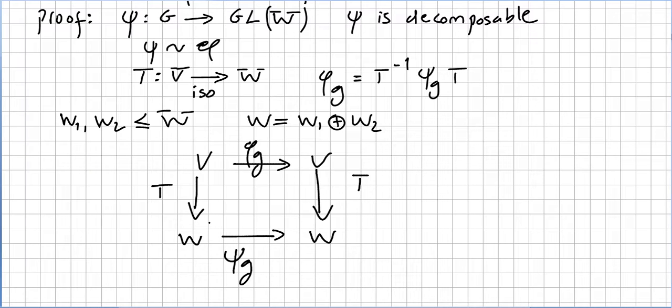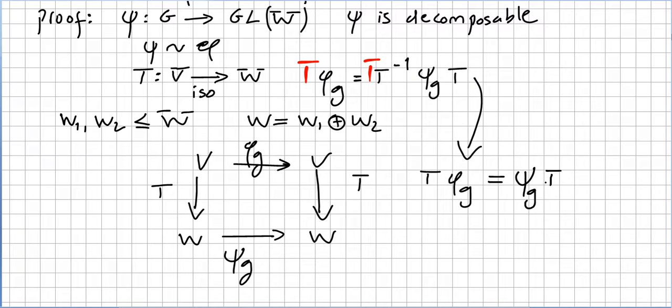If we left multiply, we will have T phi g equals psi g T, for all g in the group, of course.